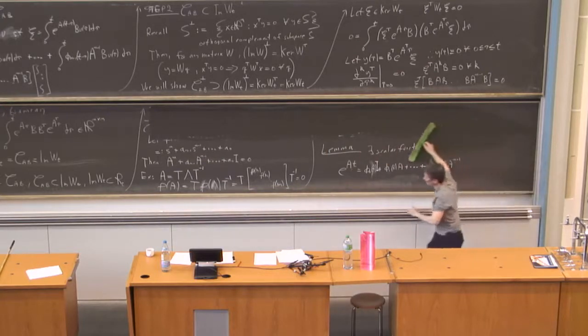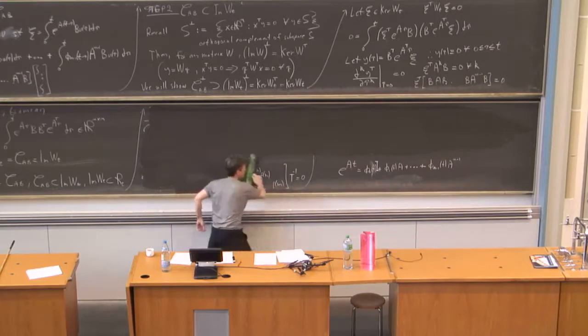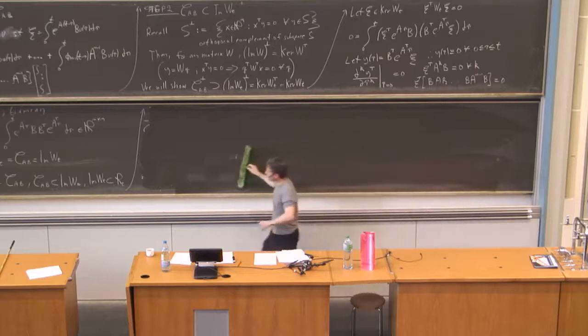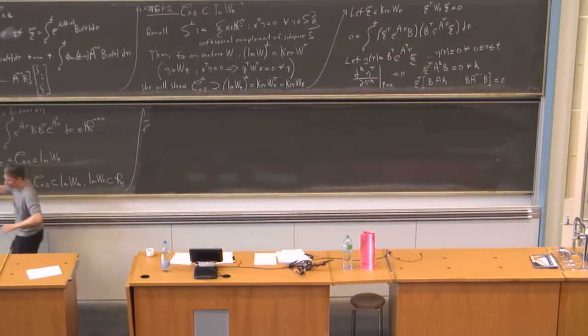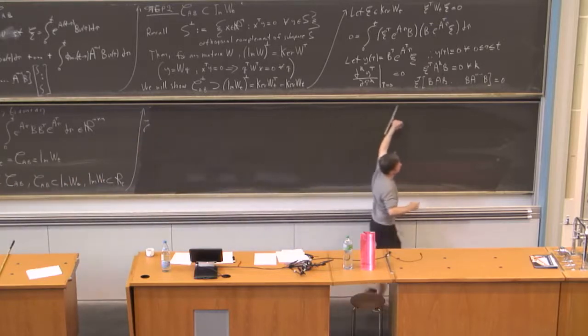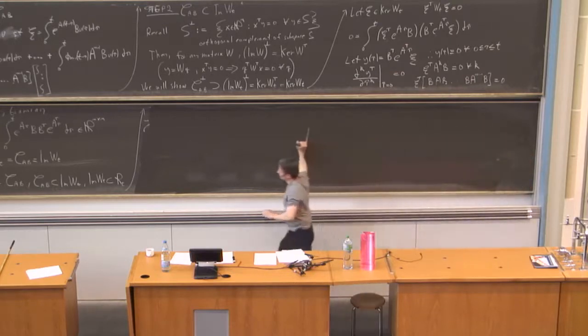Okay. So now we want to show the last part. And the nice thing about the last part is that it's constructive. It means that we can actually use it to drive a system to a given state.